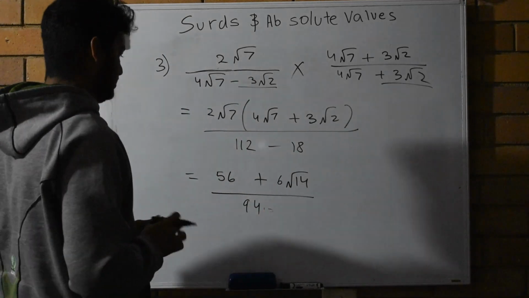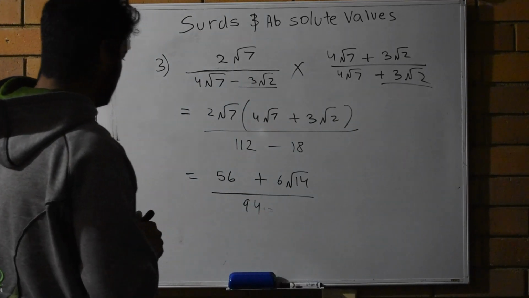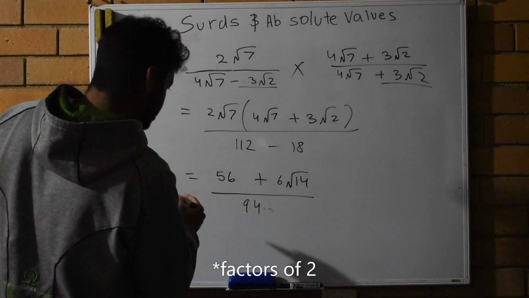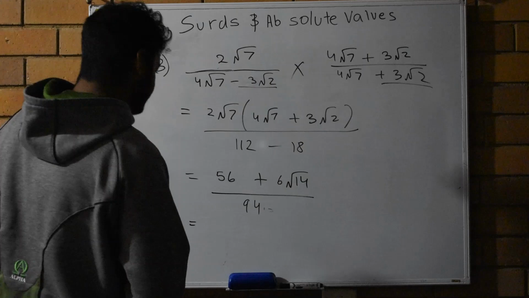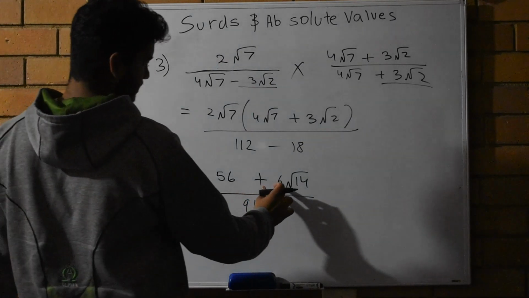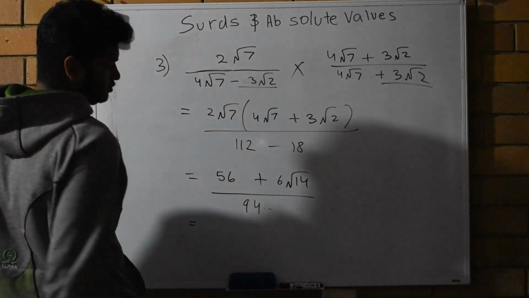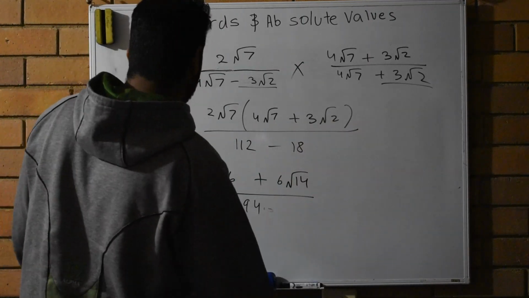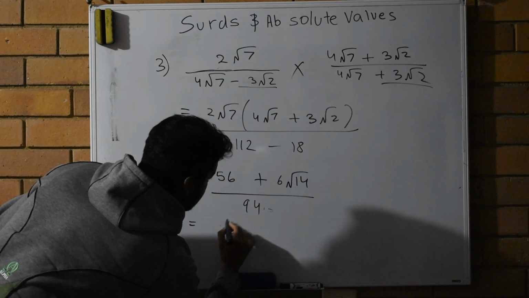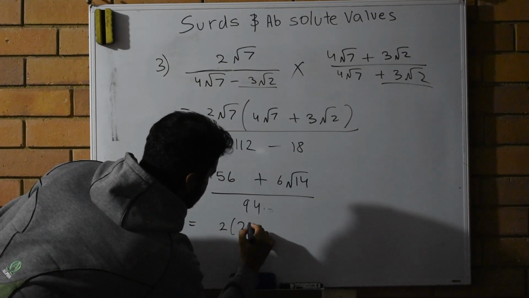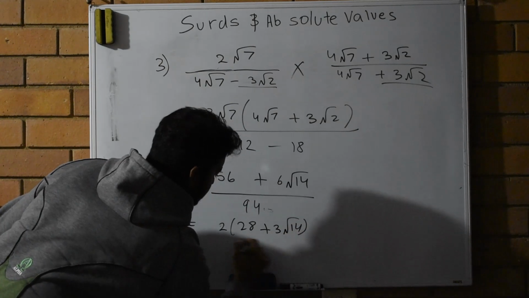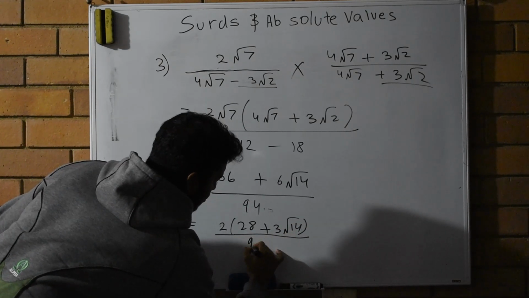94. Okay. So we can still simplify it because there's a lot of 2's in there I can see. So 56, 6 root 14, so 56 is 2 times 28 and 6 is 2 times 3, so 2 bracket 28 plus 3 square root 14, over 94.